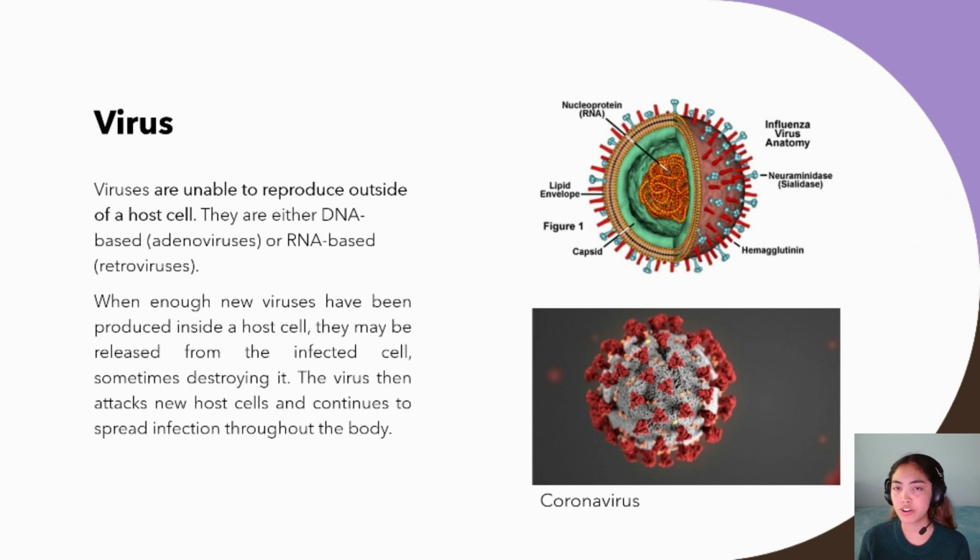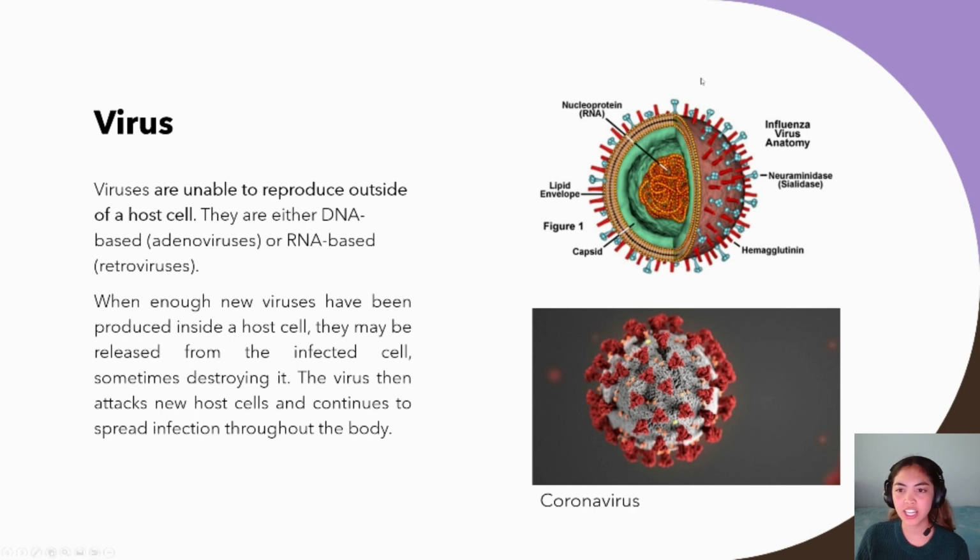So, now moving on to our non-living pathogens. The first one is a virus, and it's one of the very smallest forms of pathogens, and they are unable to reproduce outside of a host cell. Unlike all our other ones, which were considered living because they've got things such as a nucleus and all of their DNA inside of the nuclei to help them reproduce, viruses cannot do that by themselves.